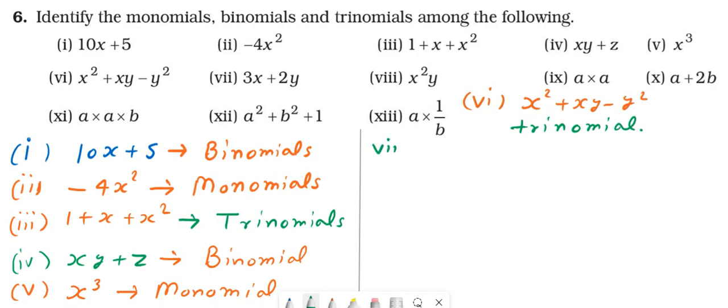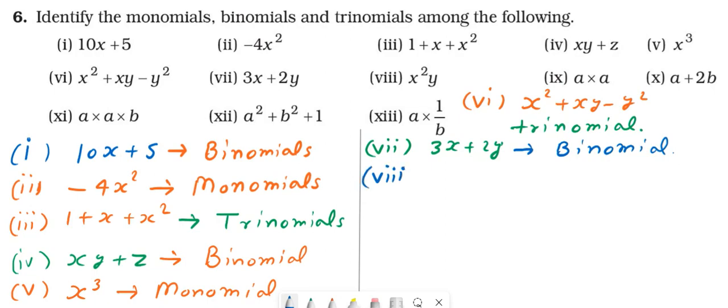Now the seventh part. The seventh part is 3x plus 2y. We can say clearly that it has only two terms, so it is a binomial. Why binomial? Because it has only two terms. Now beta, the eighth part. The eighth part is x square y.